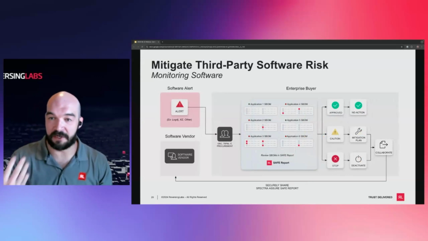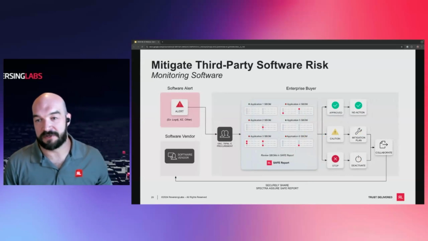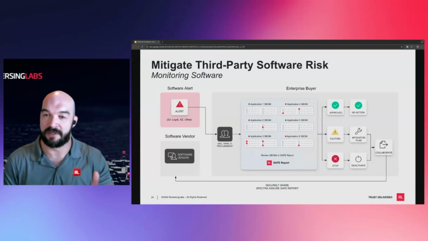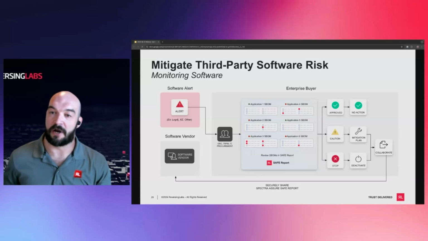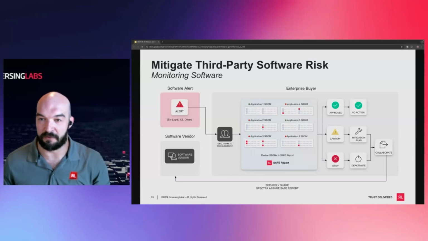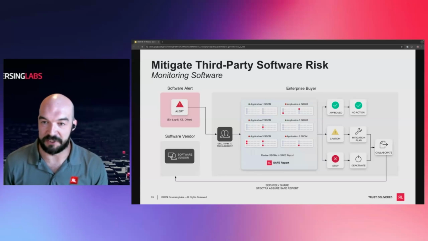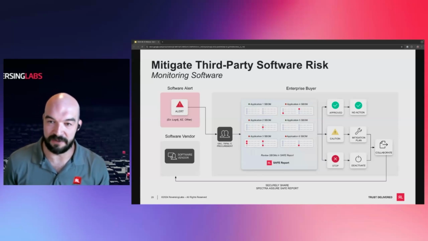What I described earlier is within the acquisition, the deployment, and maintaining existing software that's been deployed. Let's also talk about monitoring software that's already deployed in your environment, because as we know, the software supply chain threat landscape changes on an almost daily basis.